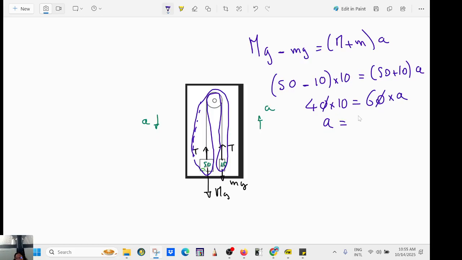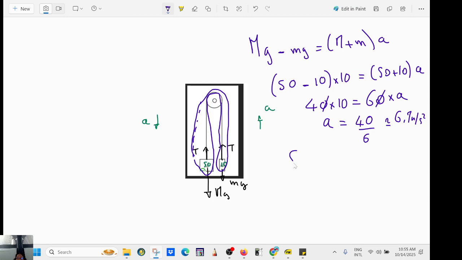So A equals, what is it? 40 divided by 6, which is 6.7. Okay? Any question? Make sure you understand that. Once you understand that, it makes things easier.